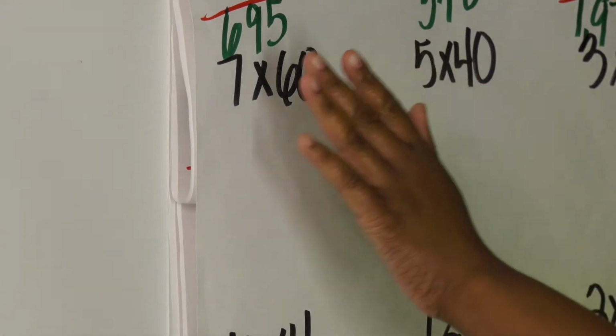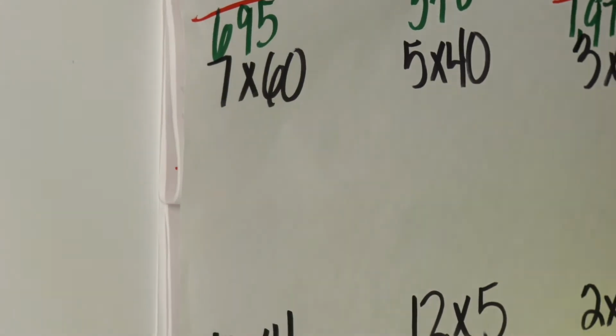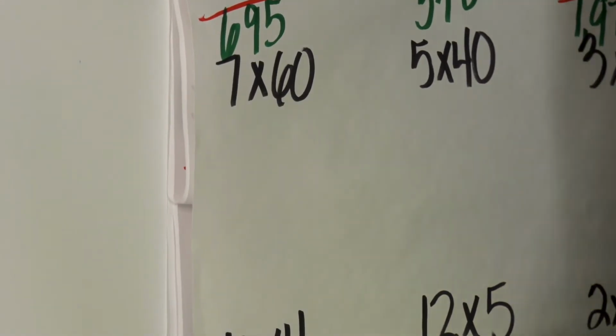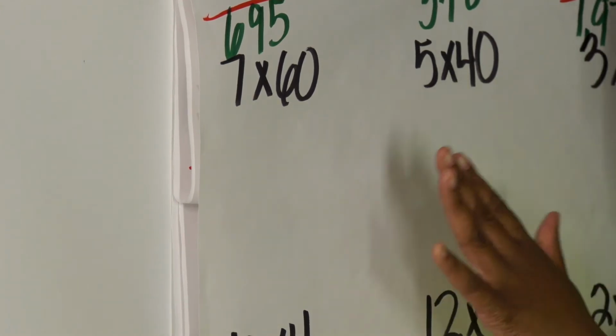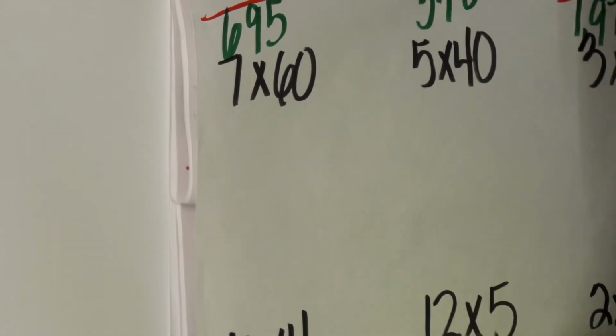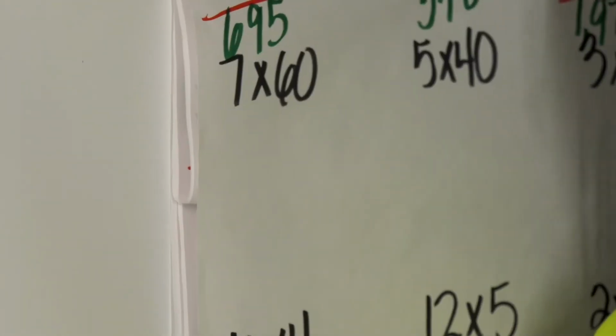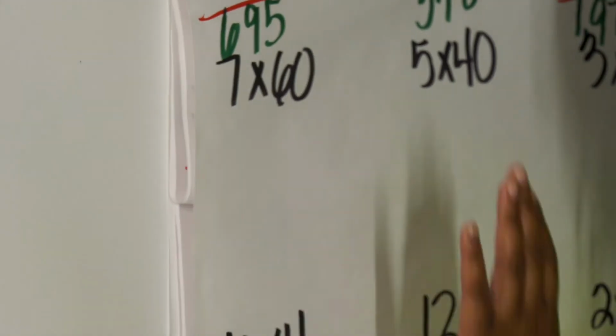And one thing about multiplication is very important: the way we set up our adding and subtracting problems is the way it was written. When we set up our multiplication problems, we don't necessarily set it up the way you see it. You set it up with the number that has the most digits goes to the top.